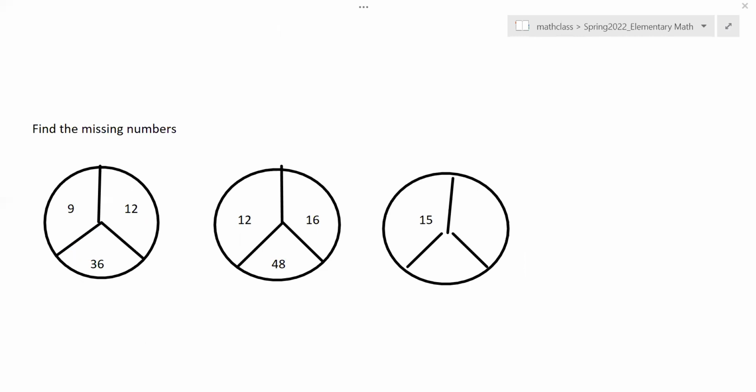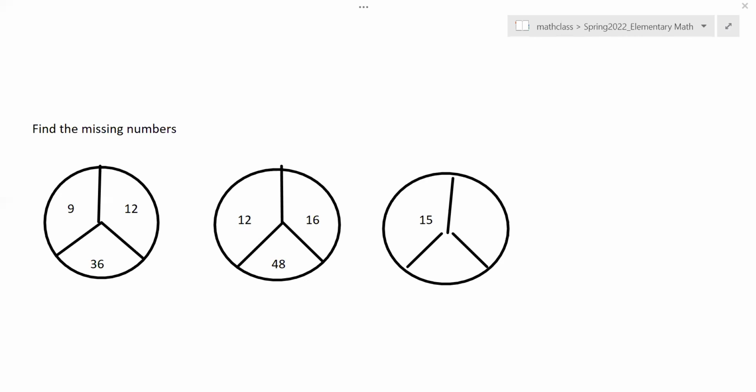I have two numbers missing. So take a look at the 9, 12, 36, 12, 16, 48. Okay.